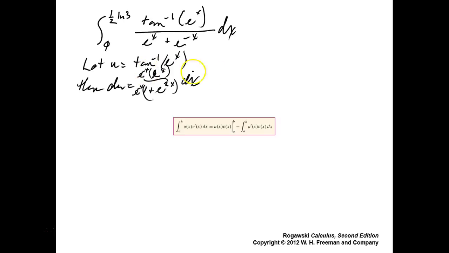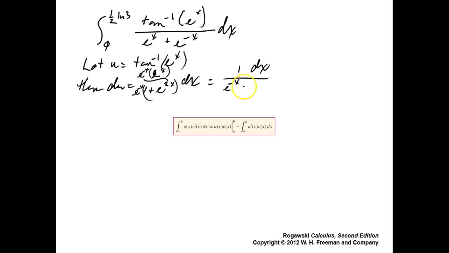So, the numerator would become what? E to the minus x times e to the x. E to the 0, and what is e to the 0? 1. So that's a 1 dx over, and what does your denominator become?